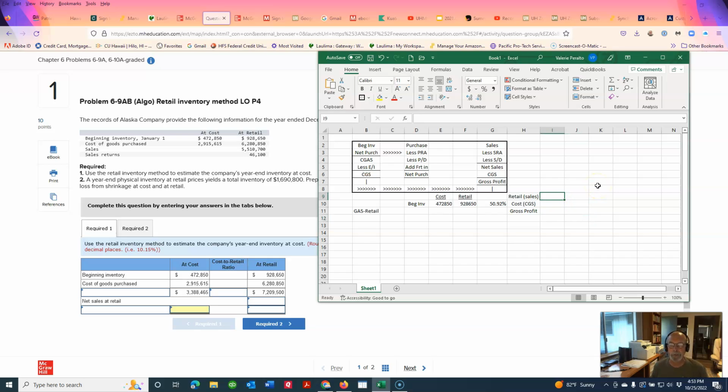Again, we take the numbers that are given to us, and our gross profit would be 45,800.